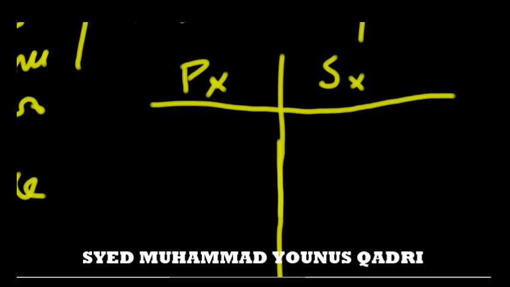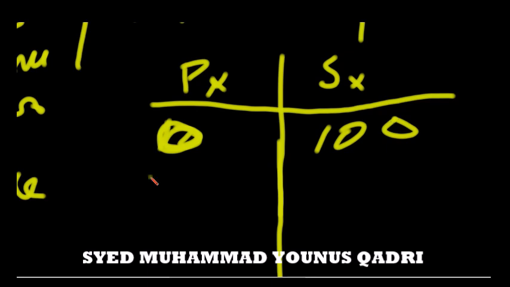If the price of X is 0, the supply is 100, or if the price goes to 10, supply also goes up, to 200.